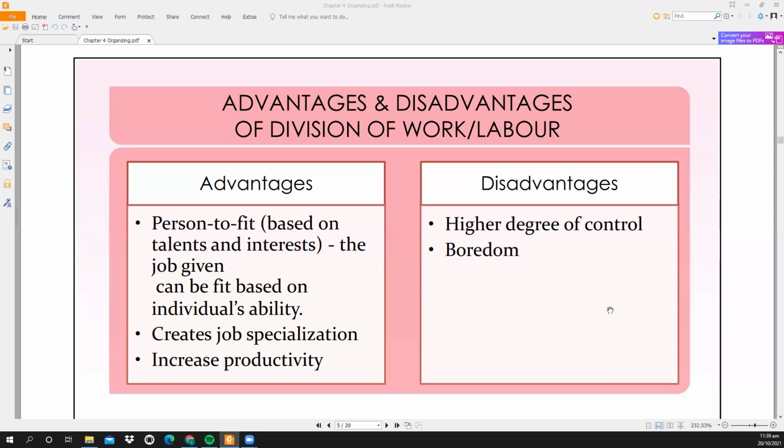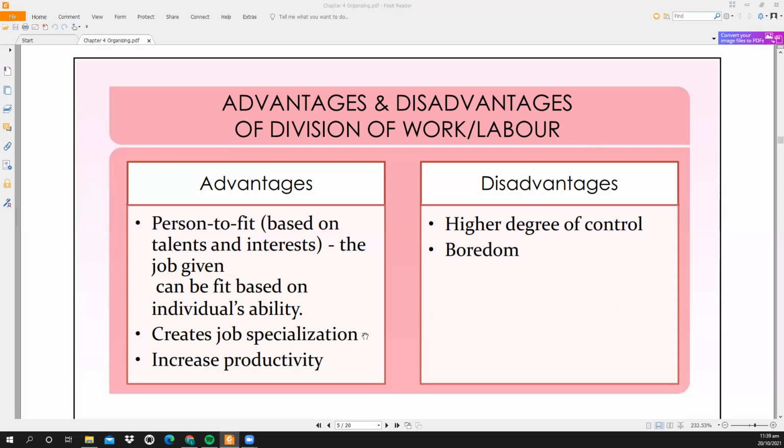And then mag-i-increase yung productivity. Ayun, kasi as time goes by, kapag nakabisado nila yung process, nakabisado nila yung work environment nila, then alam na nila yung mga gagawin nila next, even na maka-encounter sila ng mga difficulties or challenges doon sa work.